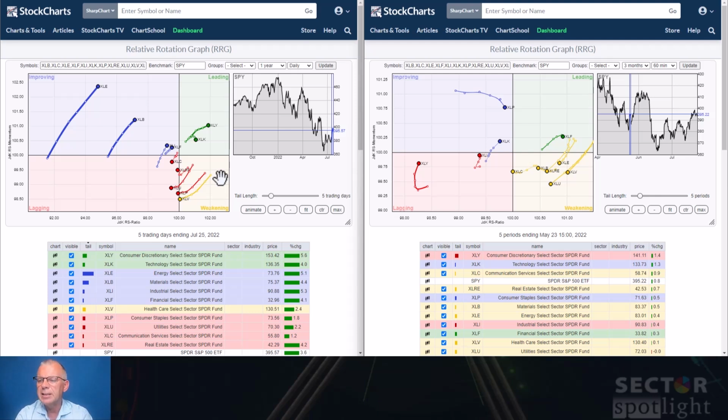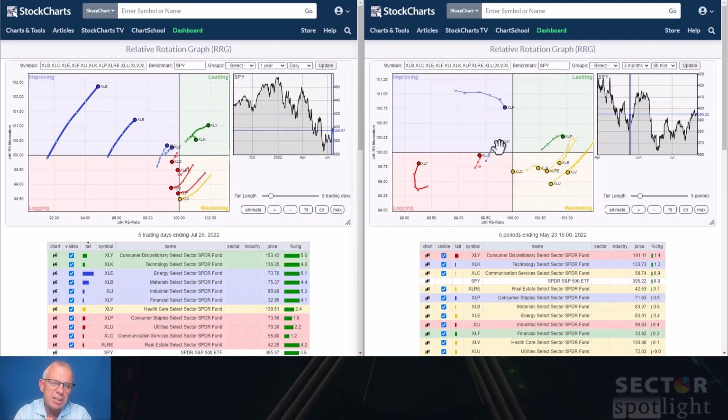If you look at the intraday RRG, like the 60 minutes, you will get quite noticeable moves, but the distance traveled, both in price and relative strength, will obviously be much smaller. So please be aware of those factors when you start using intraday RRGs.